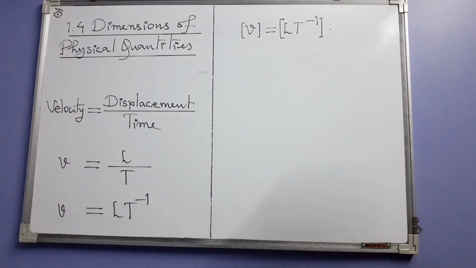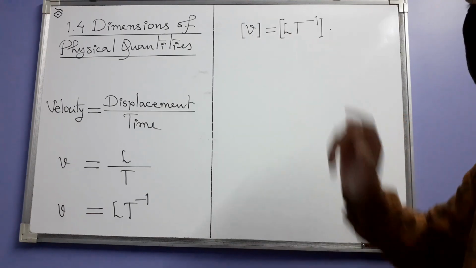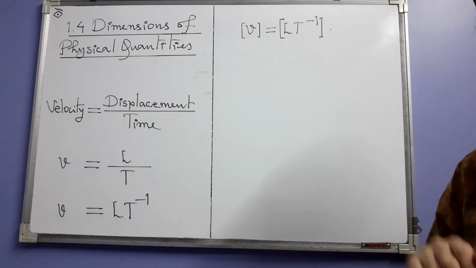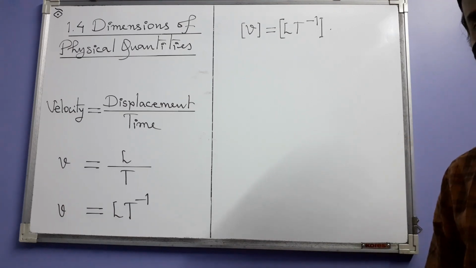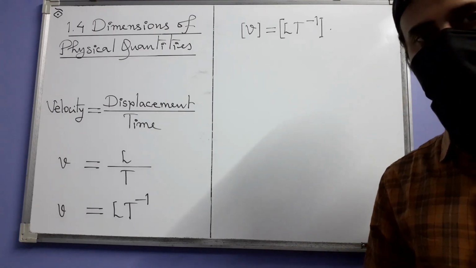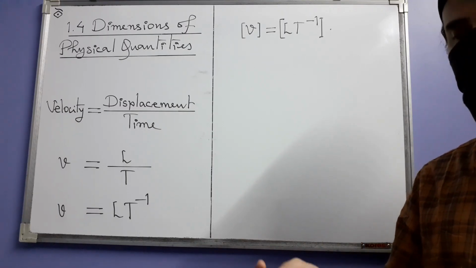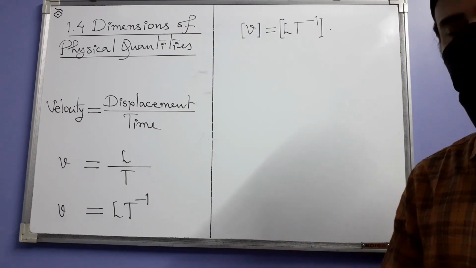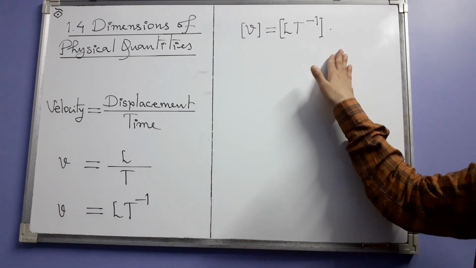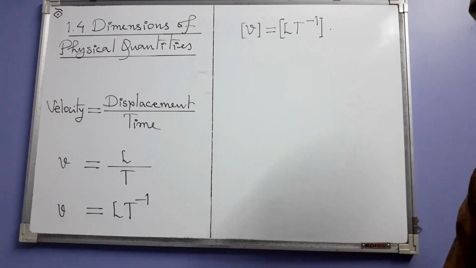So you may notice one thing, that the quantity velocity, although it depends on length and time, and that's why it's a derived quantity, actually does not depend on mass, nor does it depend on the other base quantities. It does not depend on luminous intensity or amount of substance or thermodynamic temperature. So that is why you do not see any other symbol here. Actually the other symbols are there, but you cannot see them.